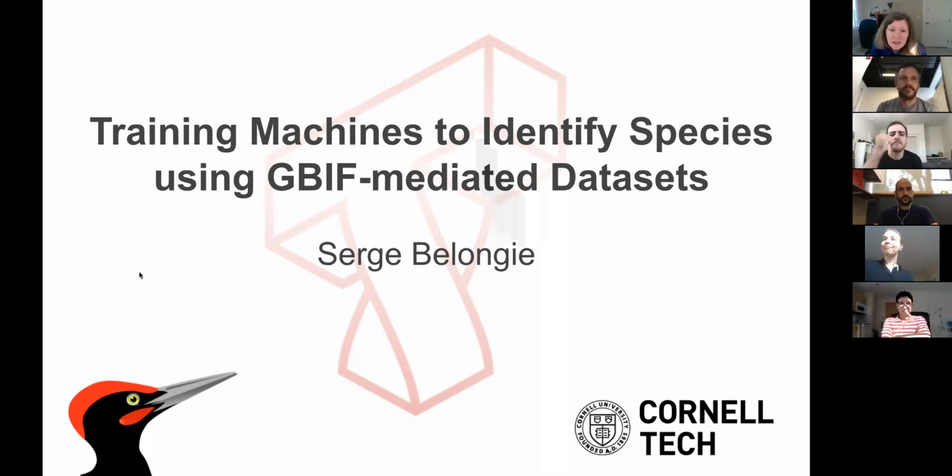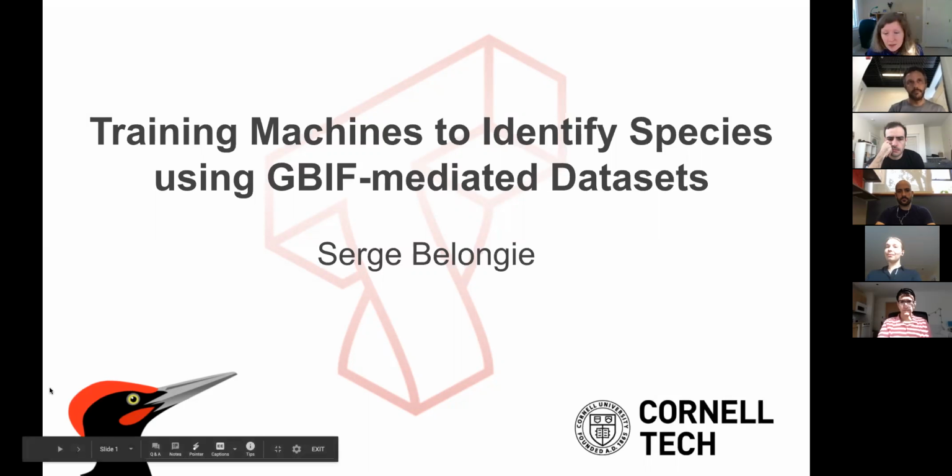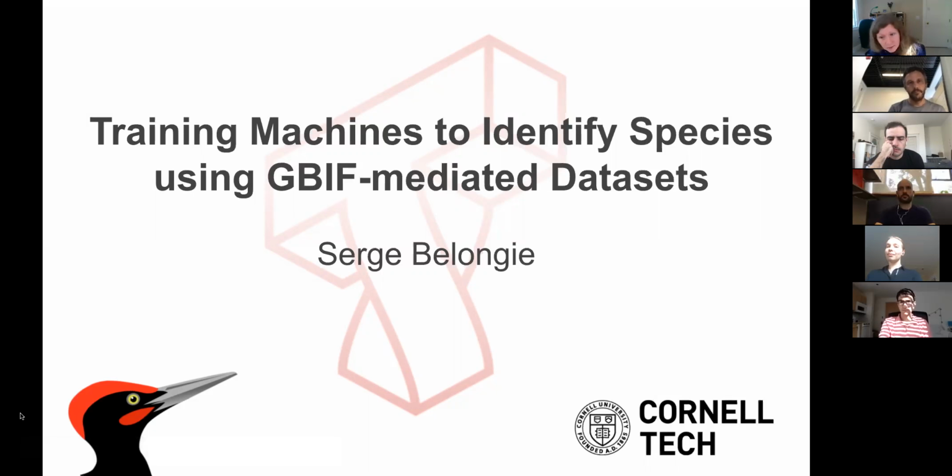I wanted to give a brief introduction. So Professor Belongie is a professor at Cornell University and received his PhD from Berkeley. And he's been doing lots of great research at the intersection of computer vision, machine learning, crowdsourcing, and some research with birds, as you can see.